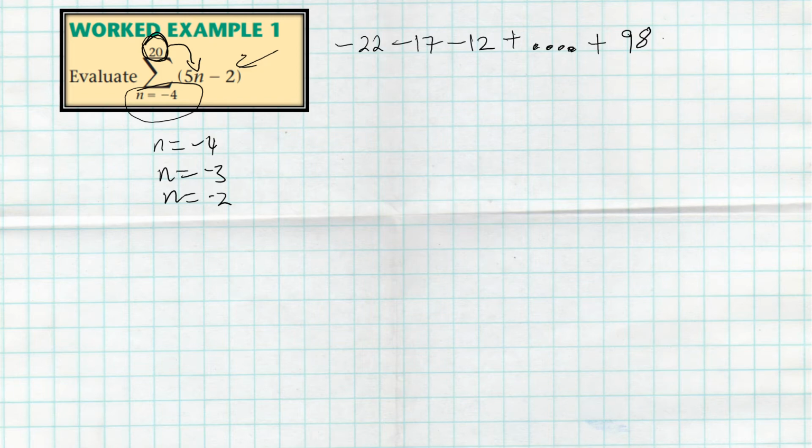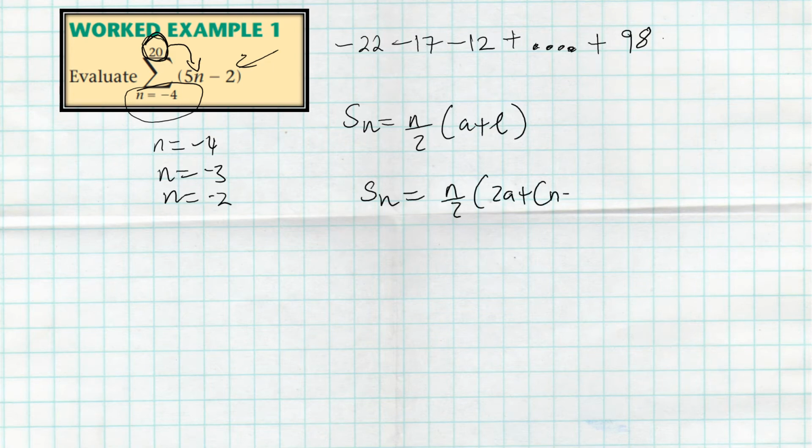The first formula is Sn equals n over 2 times (a plus last term), and the other formula is Sn equals n over 2 times (2a plus (n minus 1)d). The first formula we use when we have the last term, and we just calculated the last term is 98, and we also have the first term, minus 22. So it's going to be easy to use the first formula.